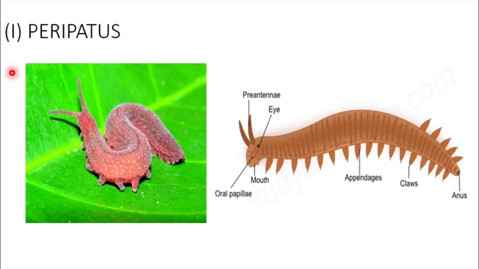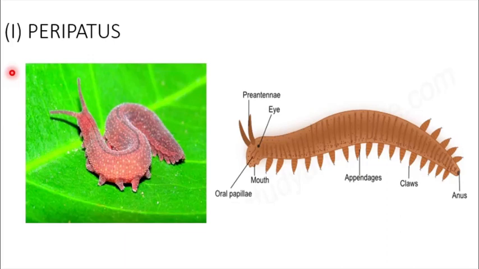That is why peripatus is a connecting link between Annelida and Arthropoda. It has the characters of both groups. It connects both groups together.